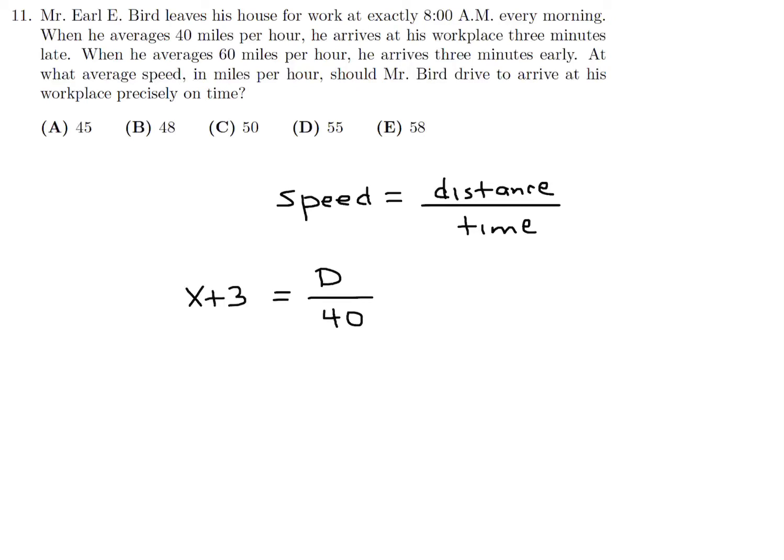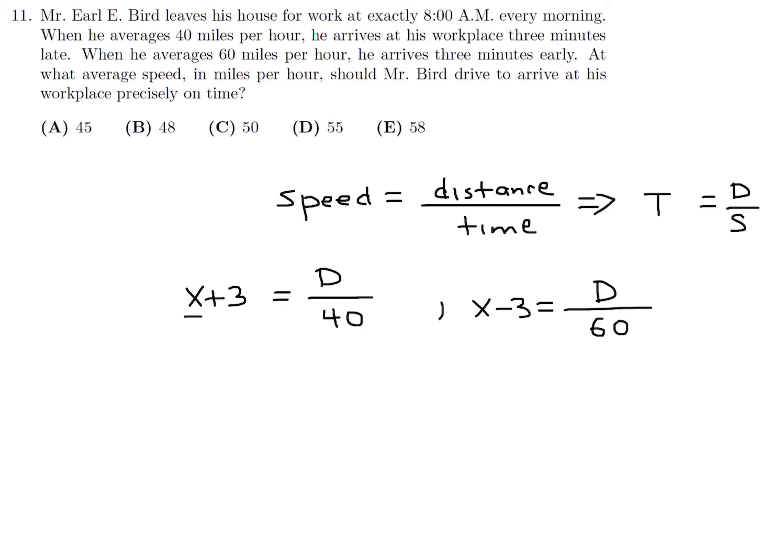What they've done is really just flip these formulas, so we're doing time is equal to distance over speed. x plus 3 because he's 3 minutes late, x being the time that is exactly when he should arrive at work. The second scenario is the same distance, but this time the speed is 60, and he's arriving 3 minutes early, so x minus 3.